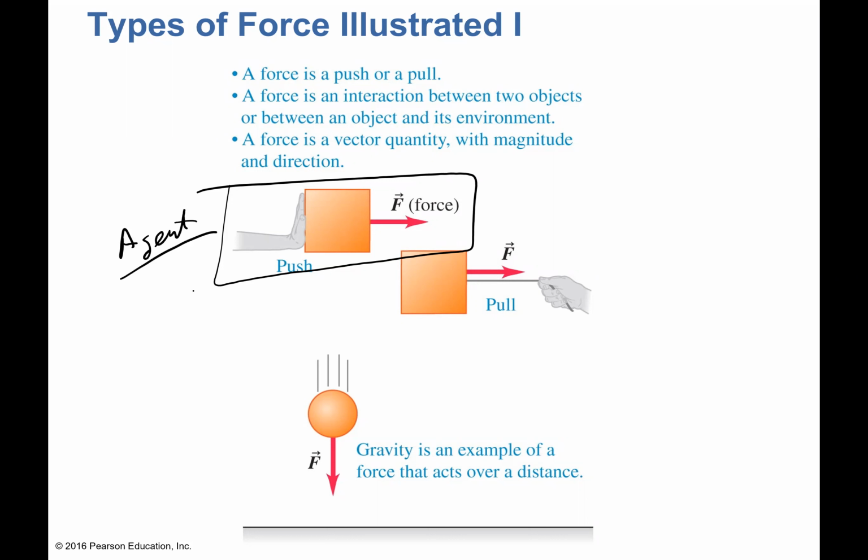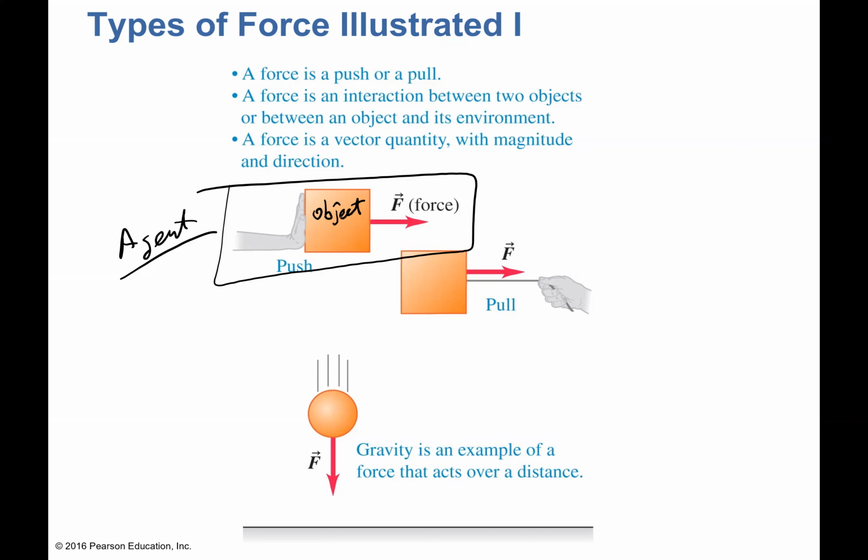So agent is whoever pushes or pulls. And the object that is being pulled or pushed is then going to be the object. This is our object, all right? Any object that is being pushed or pulled can then be used to describe its motion.